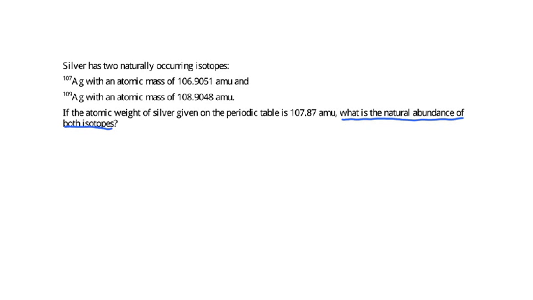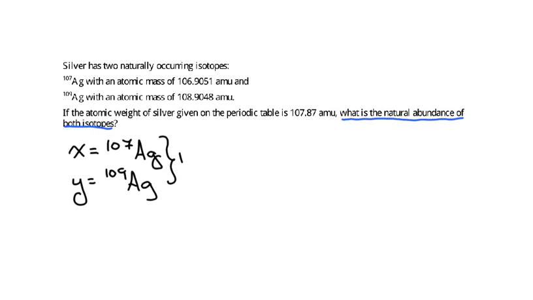So what we have to do is figure out what our two equations are going to be. In the first case, because silver has two naturally occurring isotopes, I'm going to set my x equal to the natural abundance of silver 107 as a decimal. Y is then going to be equal to the natural abundance of silver 109 as a decimal.